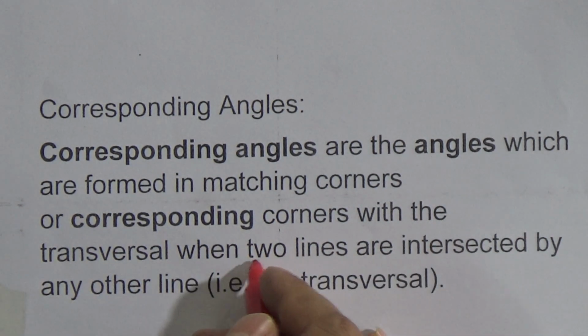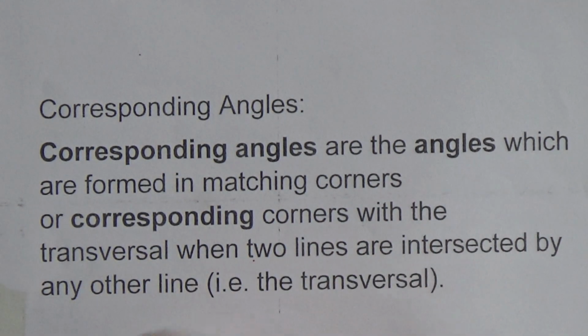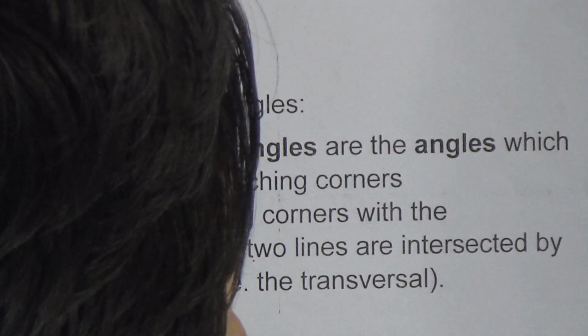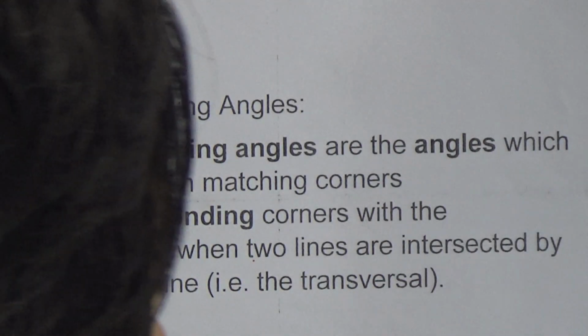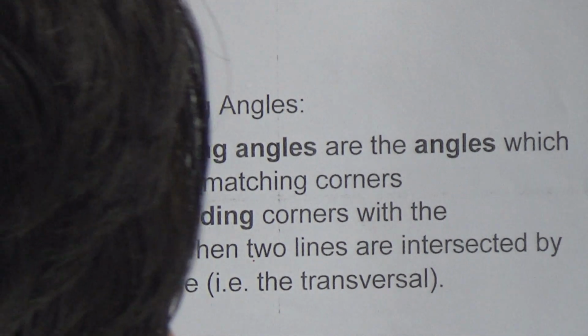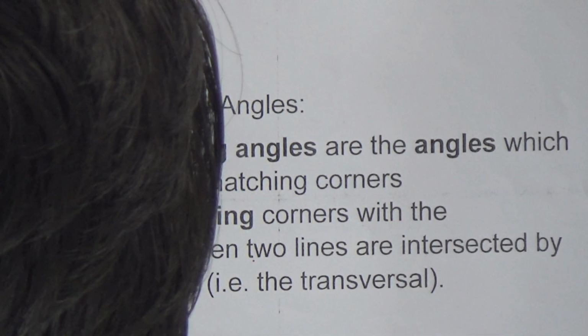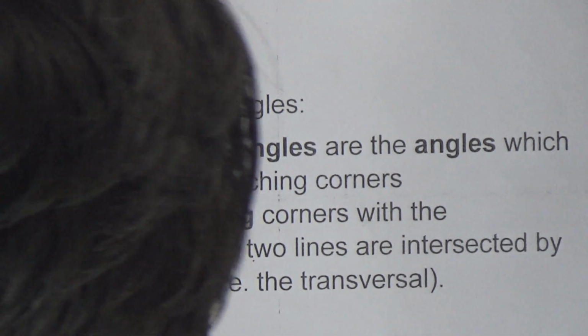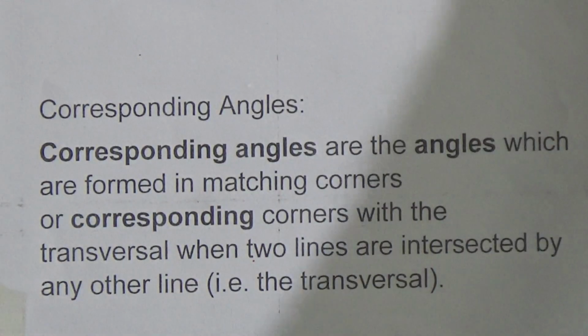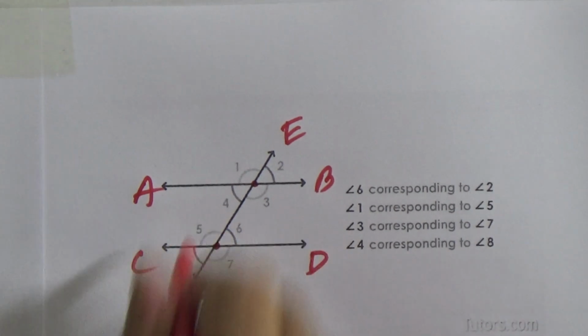Here suppose this line is AB and this line is CD and EF is the transversal. Then EF intersects AB at a point and CD at another point.